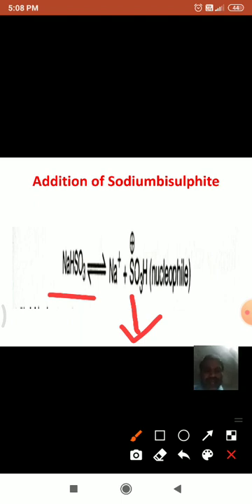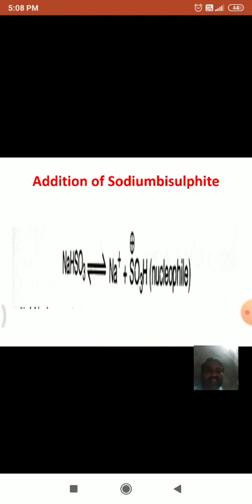That means it dissociates into sodium ion as well as bisulfite ion. This bisulfite ion acts as a nucleophile in this reaction.